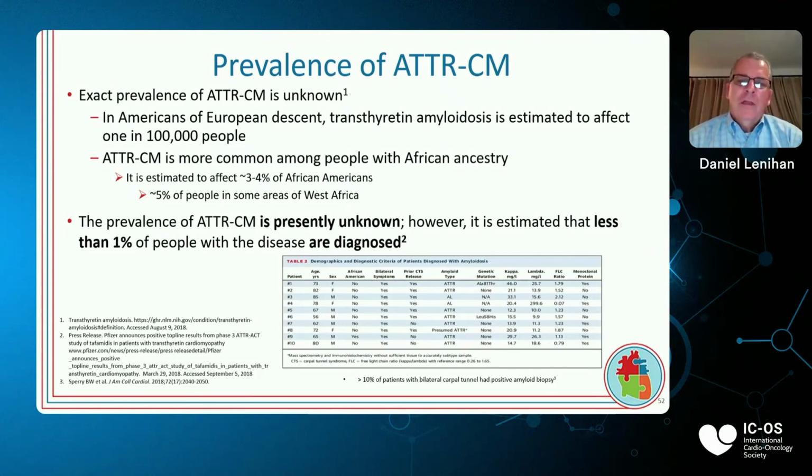But then, when you look at some recent studies, there was a paper recently published about patients who were undergoing bilateral carpal tunnel surgery, and they actually biopsied the tissue, and greater than 10% of the patients who had bilateral carpal tunnel ended up with a positive amyloid biopsy.